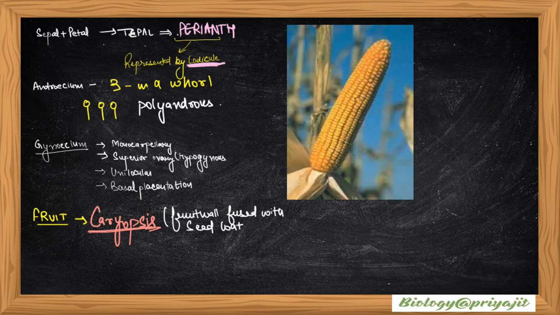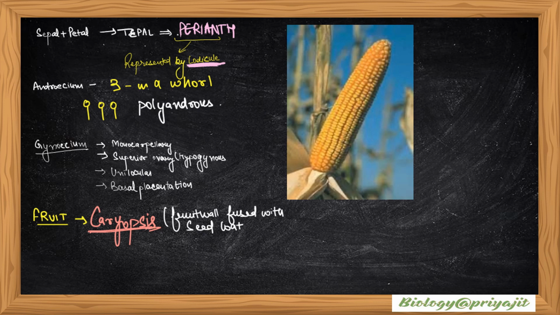In this family of plants, sepals and petals fuse together, so there we will find the tepal. The group of tepals is called perianth, and the perianth of this family specifically is called lodicule.